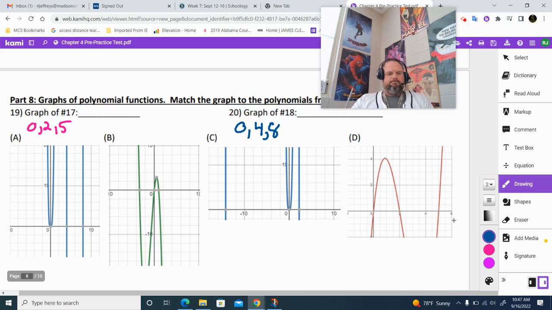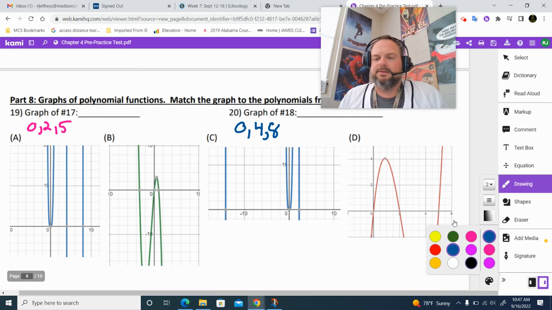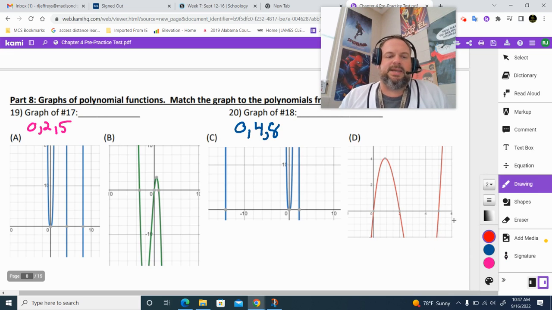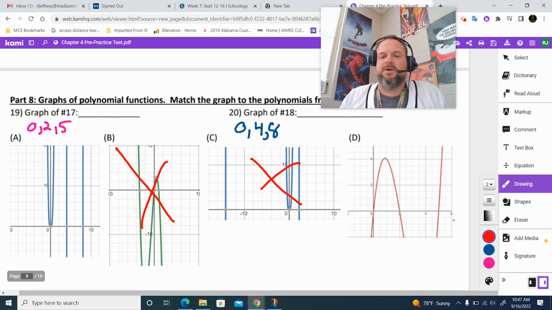So if I'm looking right here, let's eliminate which ones. Well, this has a negative. B and C are both out because that actually has a negative root. If we look, it's at 0, skips a line, adds a line, skips a line.